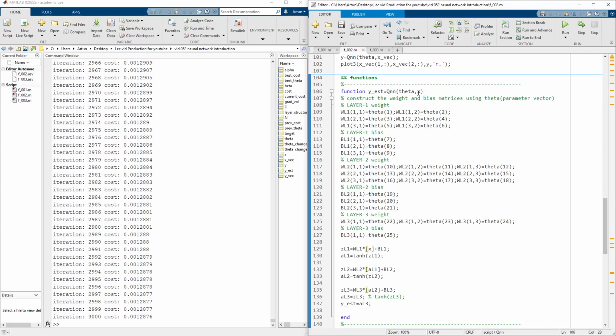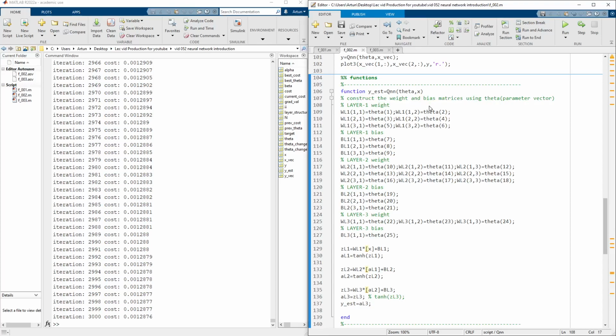You need to know those types of things, and that's why I named it like that. So your neural network is parameterized by the values that we call theta. We calculated the dimension, 25. It was 25, and we know why. And this is a 2-dimensional input. So construct weight and bias matrices using the theta parameter vector.